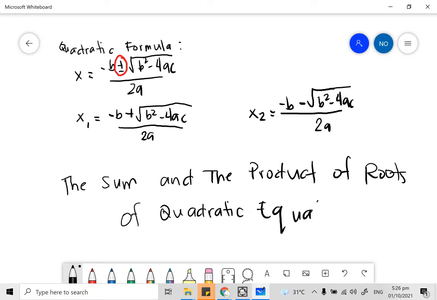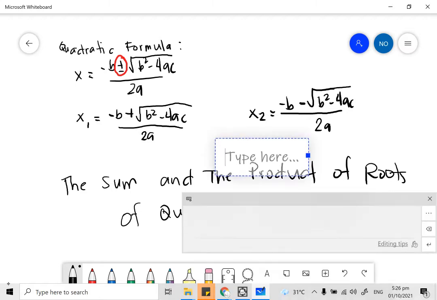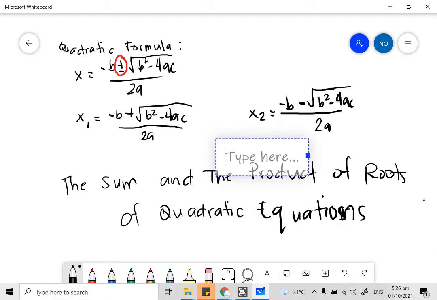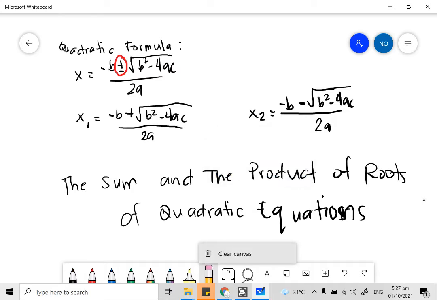So, ngayon class, gagamitin natin equations, mali spelling. Equations. Equation, ayan. So, gagamitin natin tong x sub 1 na to, tsaka x sub 2 mamaya para sa paggawa ng formula in order to determine or find the sum and the product of roots of quadratic equations. Okay? So, delete natin lahat.